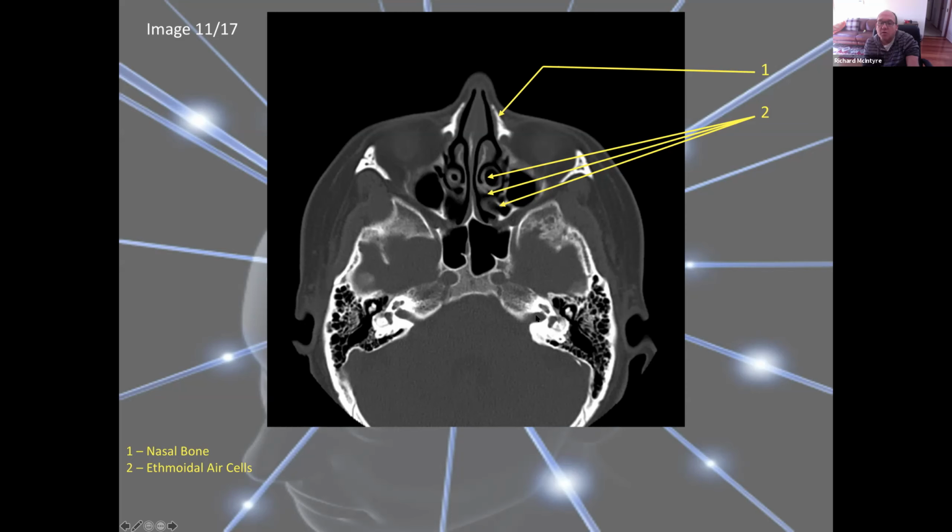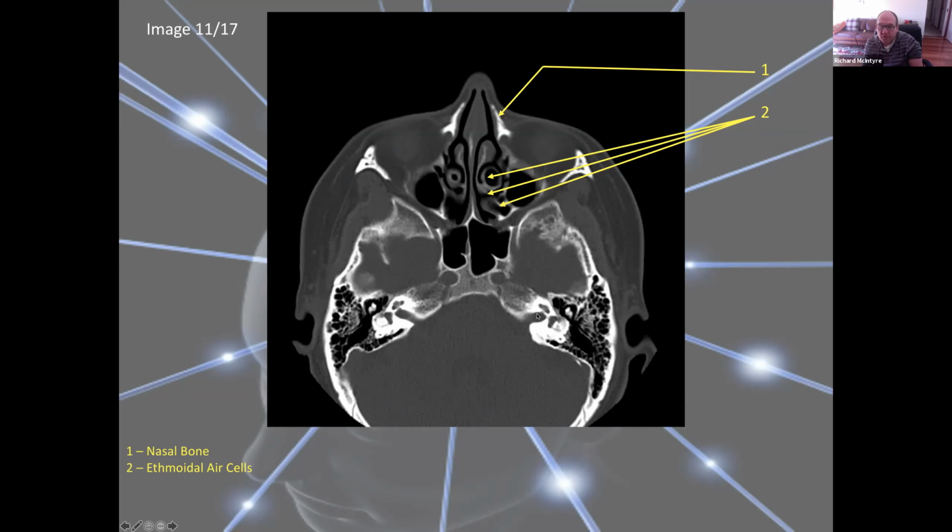However, it won't show a small tumour in that nerve because it's not as sensitive. Whereas the MRI will show that nerve really well and any tumour in and around that nerve, but it won't show the bones around it. So that's why a lot of patients have to have both CT and MRI of certain pathologies.